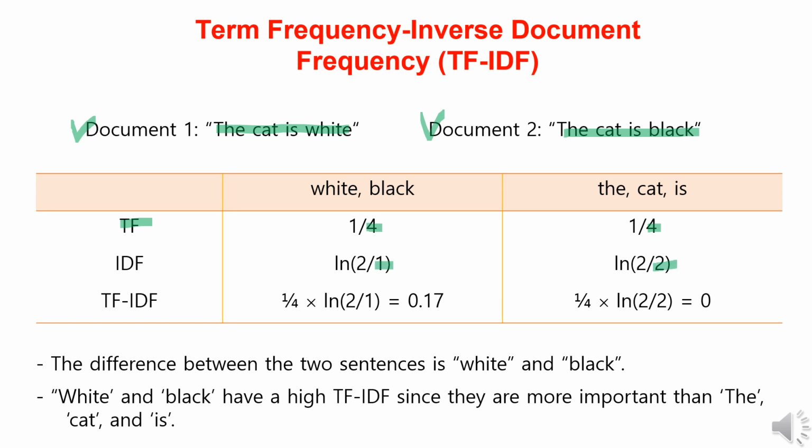So the IDF can be calculated as follows. When you multiply the TF and IDF values, you get a TF-IDF of 0.17 for white and black, while the other words have a TF-IDF of 0. As a result, white and black have higher TF-IDF values, indicating that they are more important compared to the other words in the sentences.